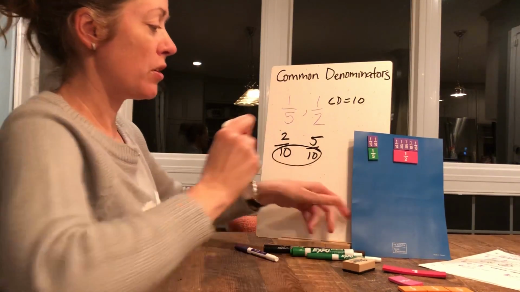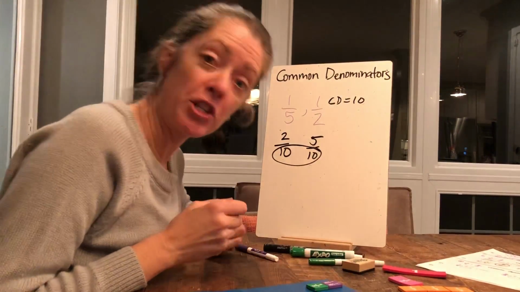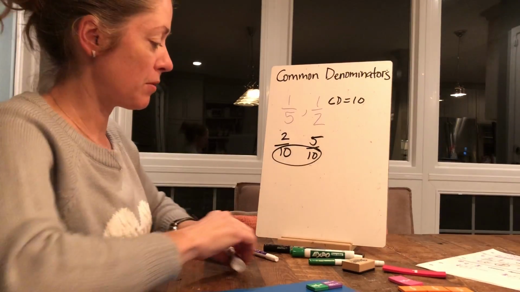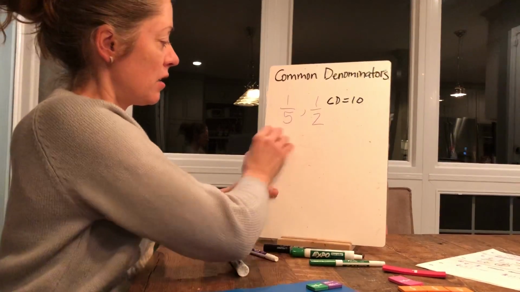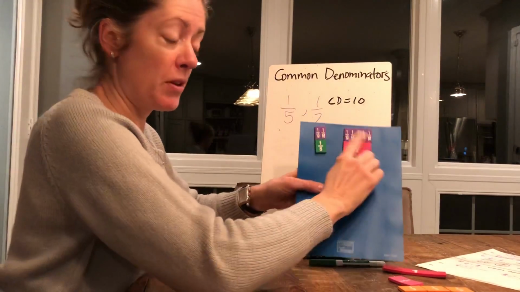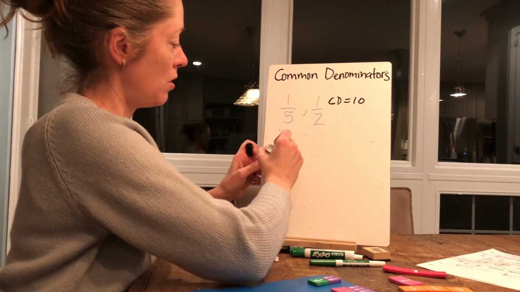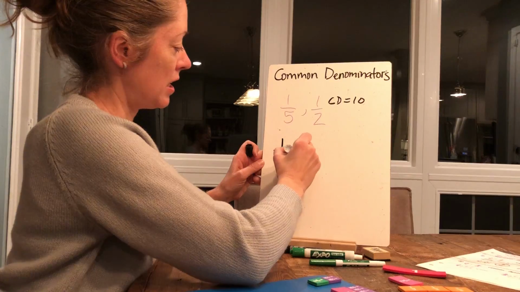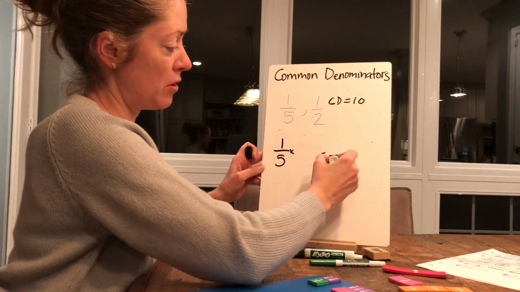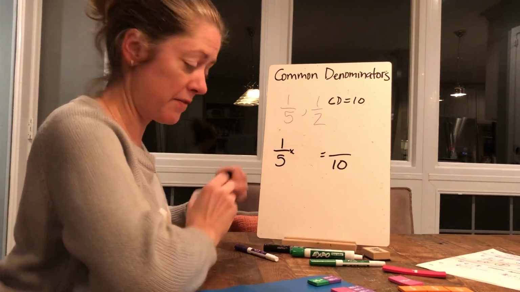If we were to do it on paper using the magic 1, like we've been practicing before, and if we did not do it with our fraction bars, it would look like this. Times what equals, and we know it has to be a 10 down here, right?